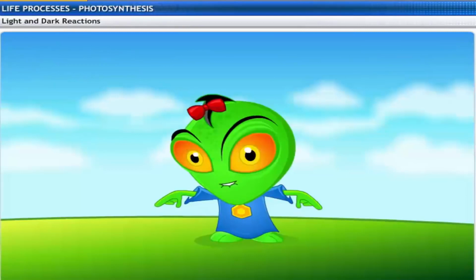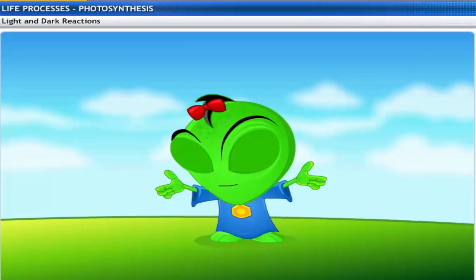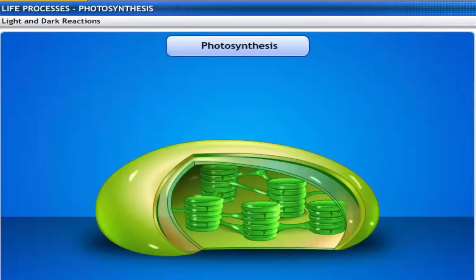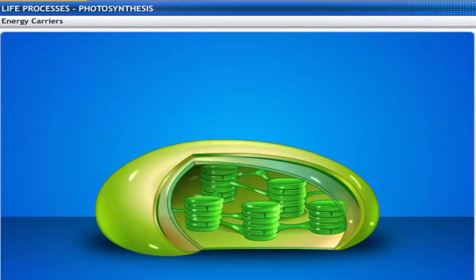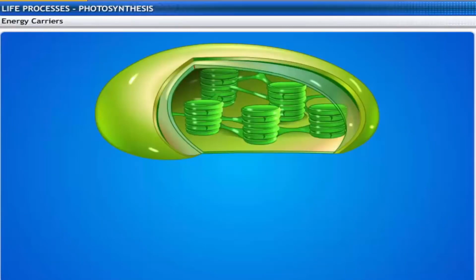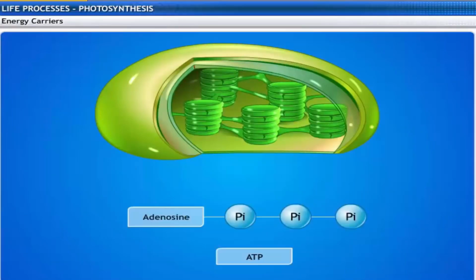Interesting. And how does the process of photosynthesis take place? Photosynthesis involves a series of photochemical reactions that consists of two phases, light and dark reactions. Light reaction takes place in the thylakoids of the chloroplast. Dark reaction takes place in the stroma of the chloroplast. The energy carriers involved in photosynthesis are: ATP, adenosine triphosphate, acts as an energy carrier.